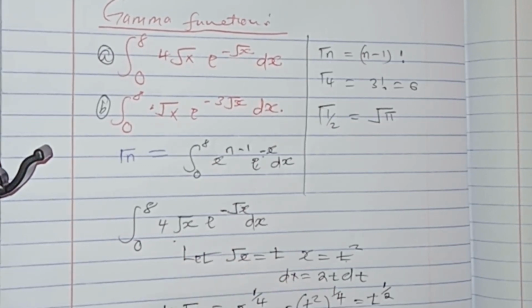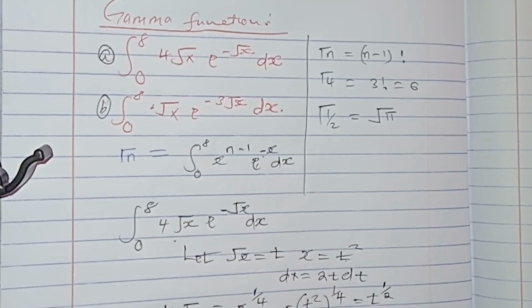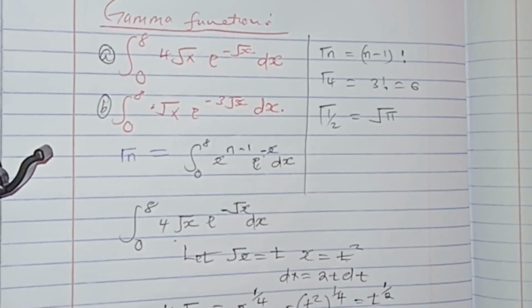It will become the integral from infinity to 0. Our fourth root of x is t raised to the power half, e raised to the power negative t, and dx is equal to 2t dt. So t dt, you factor out 2.